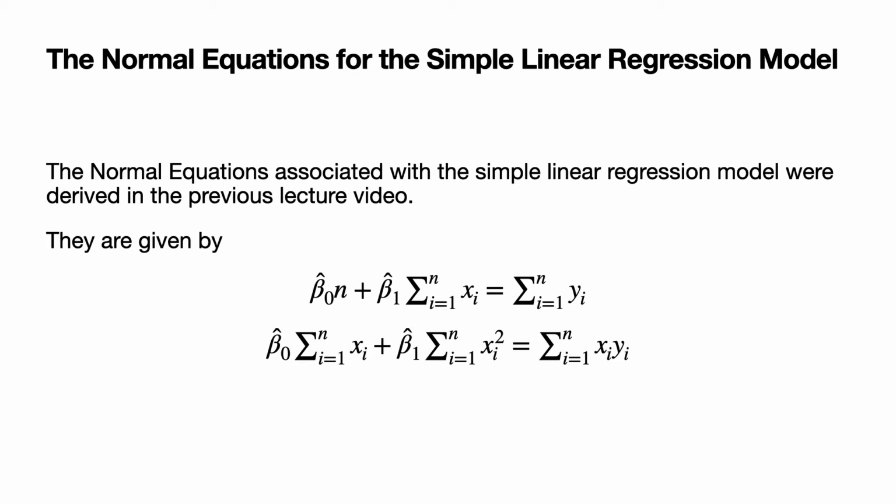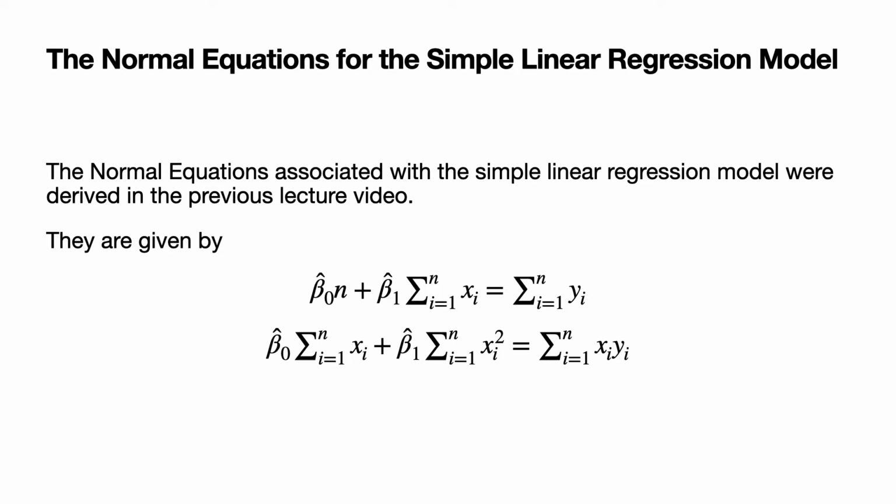So the first equation, beta 0 hat times n, the sample size, plus beta 1 hat times the sum of the x's, has got to be equal to the sum of the y values. In the second equation, we have beta 0 hat times the sum of the x's plus beta 1 hat times the sum of the squared x's. That has got to equal the sum of the products of the corresponding x's and y's.